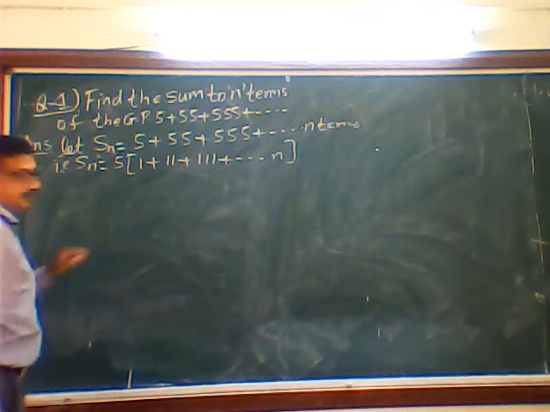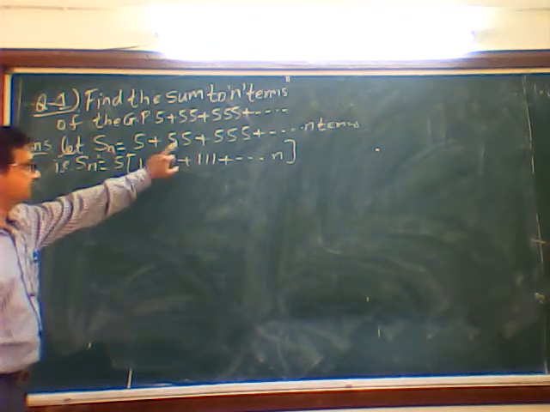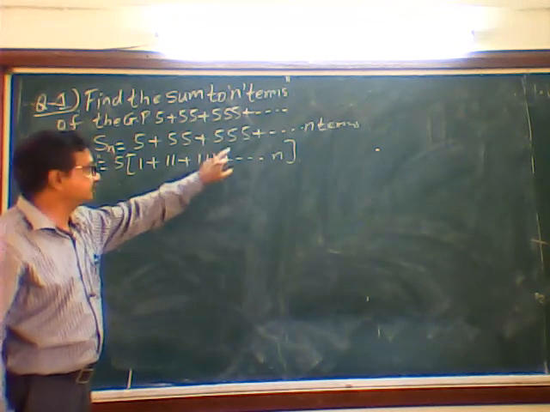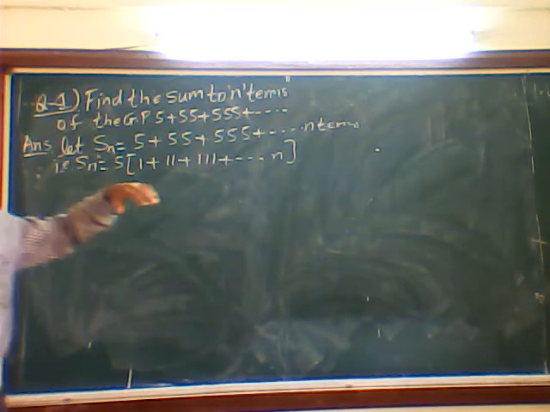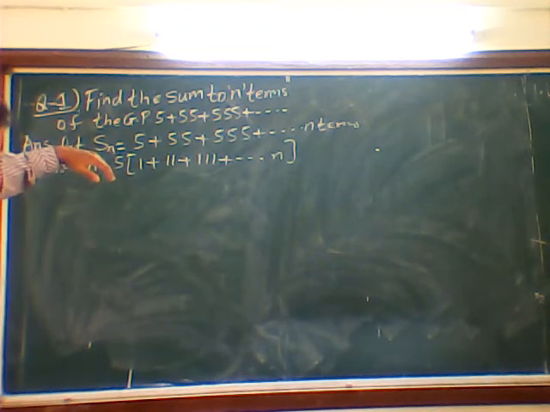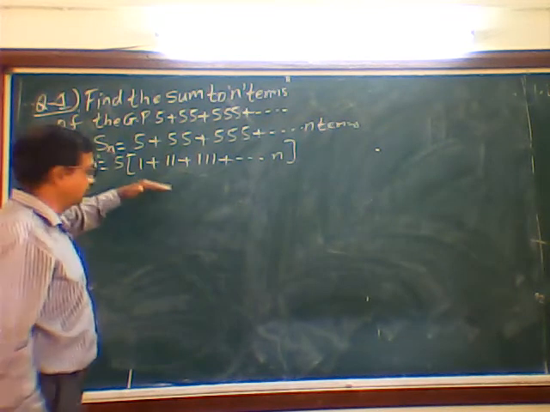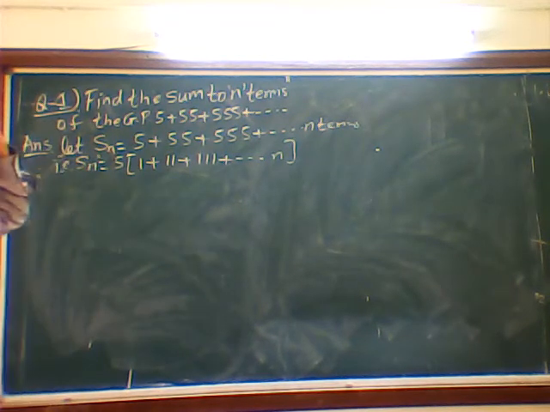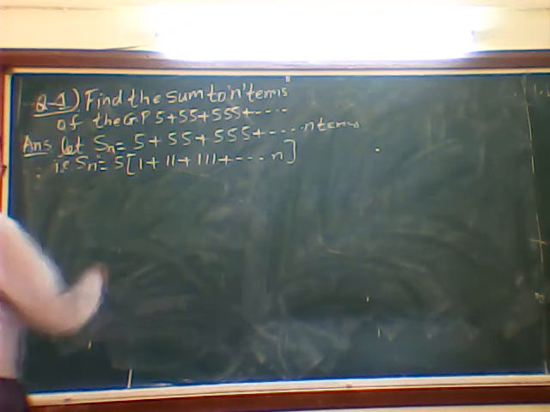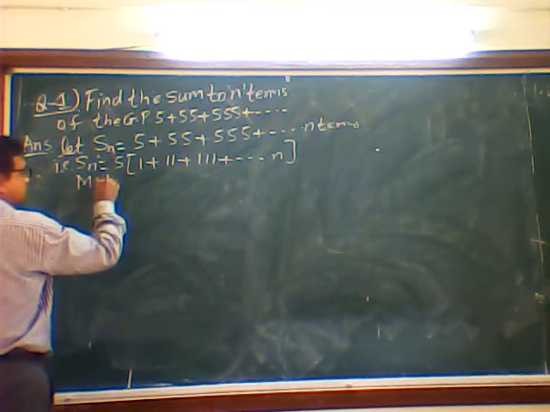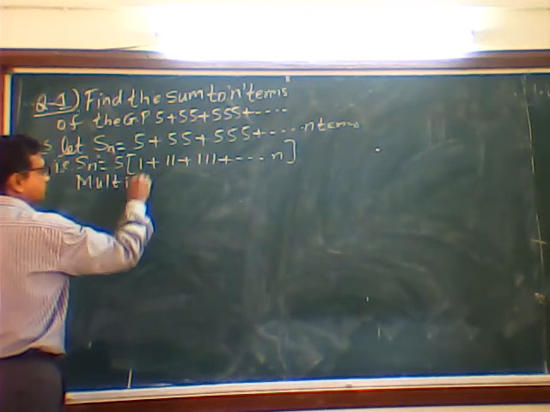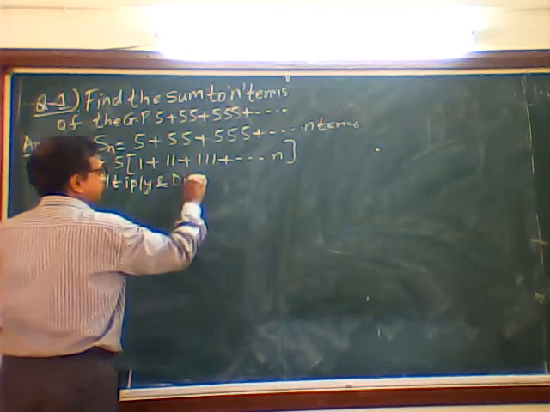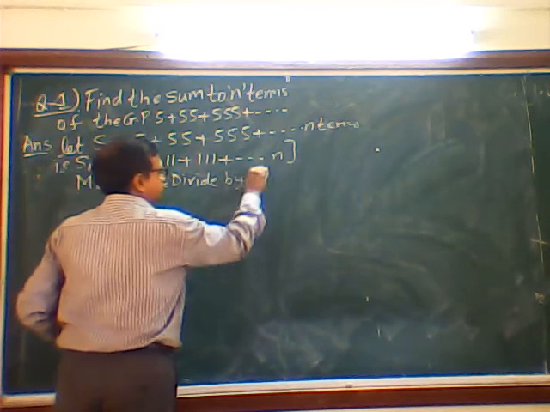Okay, here 5 into 1 is 5, 5 into 11 is 55, 5 into 111 is 555, that way. Okay, after this there is one standard rule: whichever problem, whatever series, you are always going to multiply and divide it by 9. So we will write here multiply and divide by 9.